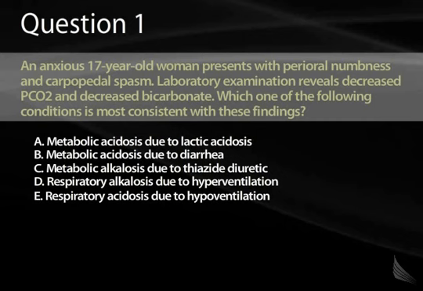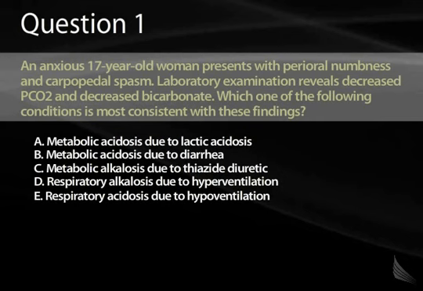Once again, the laboratory abnormalities we have are decreased PCO2 and decreased bicarbonate. Thus, the two possibilities must be metabolic acidosis leading to respiratory compensation, or respiratory alkalosis leading to metabolic compensation.